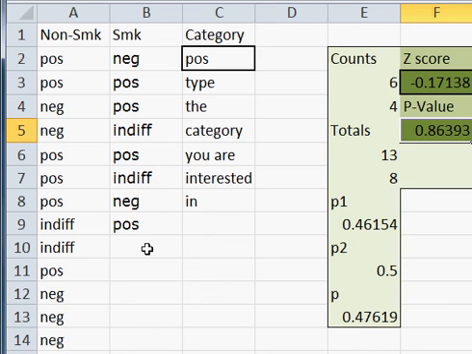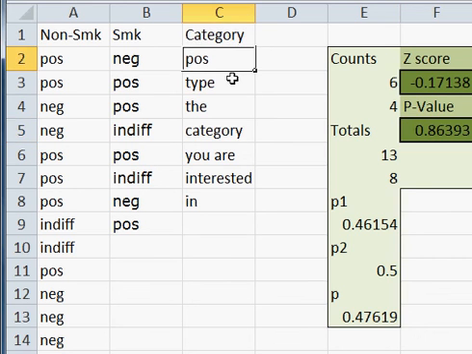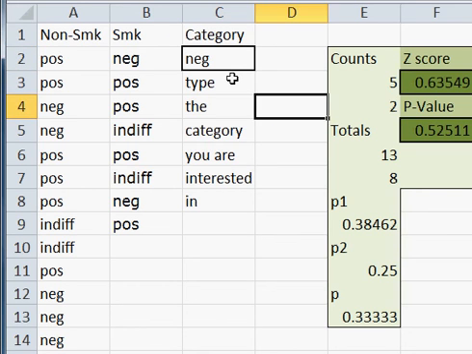So in English, we would say that it doesn't seem to be the case that smokers and non-smokers perceive the smell differently, at least in terms of positive. And if we want to just check really quick, we could see if there's a difference in the negative values. It does seem like 25% of smokers didn't like the smell versus almost 40% for the non-smokers.